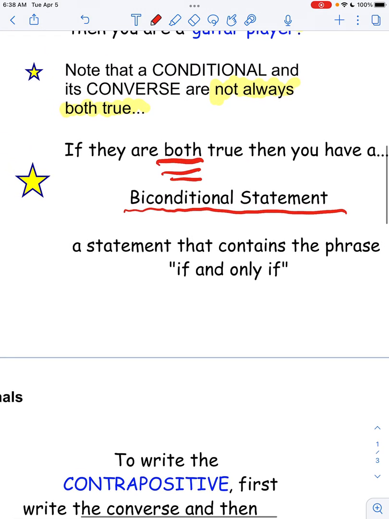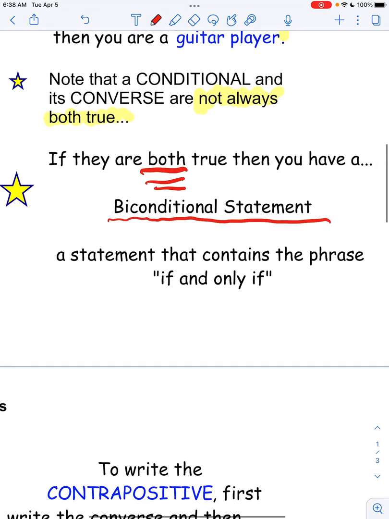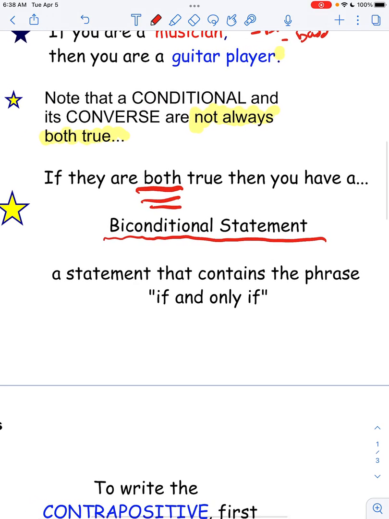So that would be like, I am a musician if and only if I play the guitar. Or I am a guitar player if and only if I am a musician. So again, using this statement if and only if is something else that we're going to have to see. And again, that kind of means this isn't true unless the next thing is true as well.